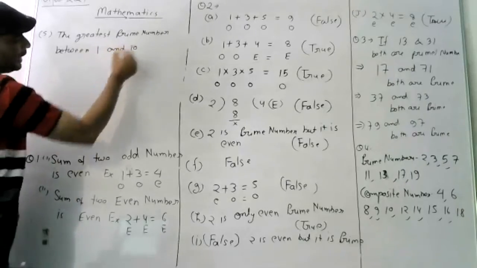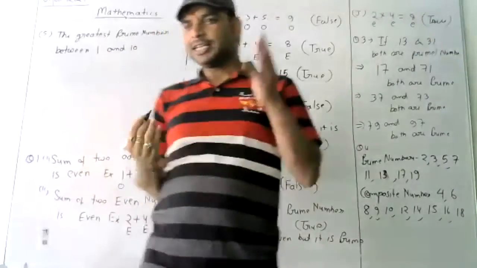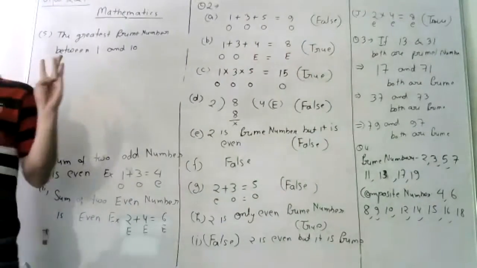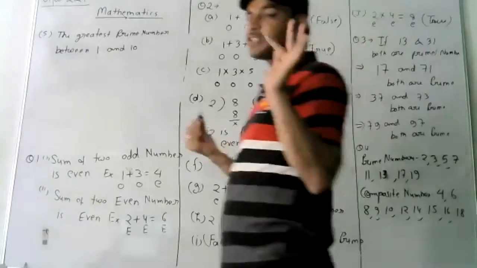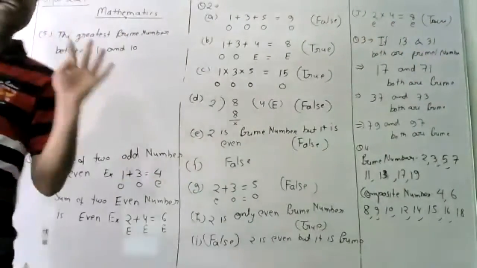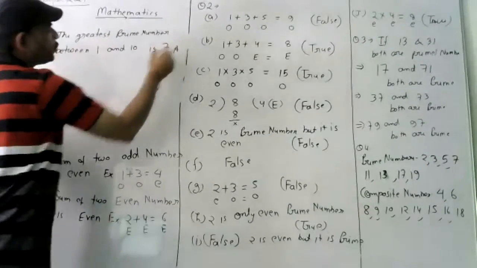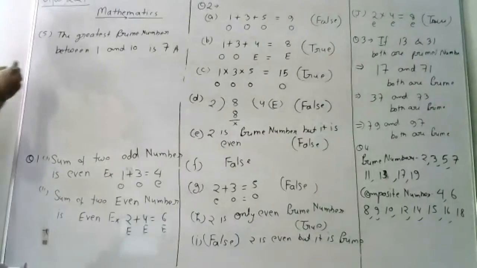Here 2 is the smallest prime number, 3 is also a prime number, 5 is a prime number, and 7 is a prime number. 7 is the greatest prime number between 1 and 10. So 7 is your required answer according to the question.